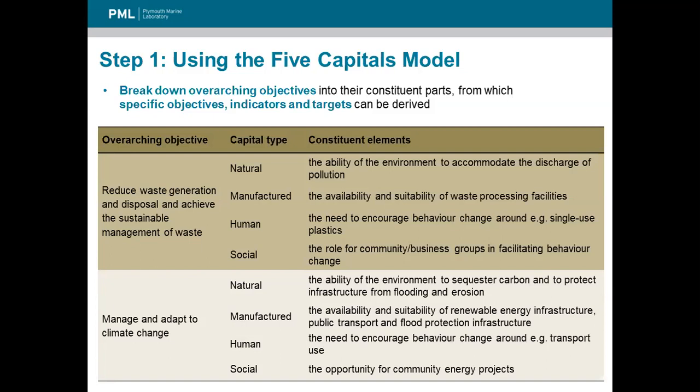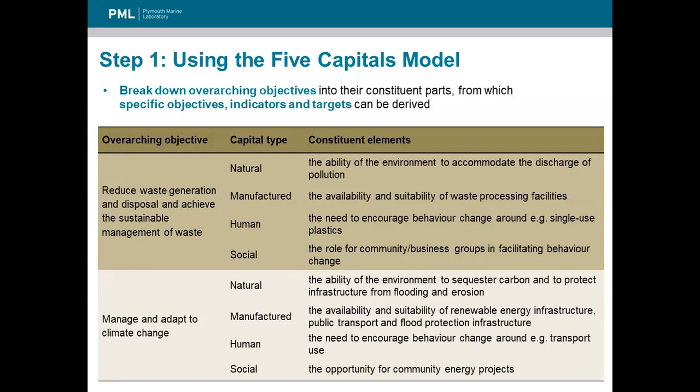Because at the moment, a lot of the objectives in sustainability appraisal are quite high level and quite vague. So those two on the right there, reduce waste generation and disposal to achieve the sustainable management of waste and manage and adapt to climate change. You know, those are genuine objectives from local plans. But if you break them down into their constituent elements across natural, manufactured, human and social capital, then you can start to produce more specific objectives, but also to make sure that your objectives are addressing, you know, the environment, the economy and society.